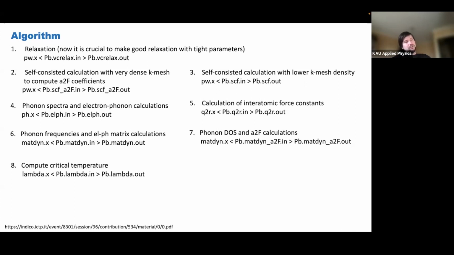I took it from the examples folder in the Quantum Espresso program. But for a real calculation, you can expect problems at each of these steps.